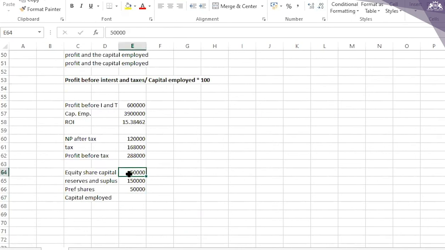Absolutely. Equity capital plus reserves plus preference shares.